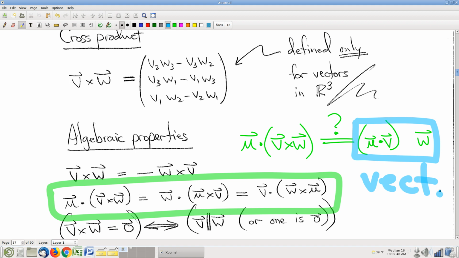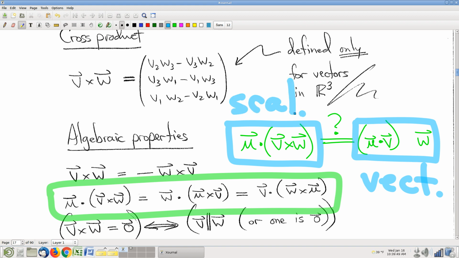Whereas this thing over on the other side is a dot product of two vectors, which is a scalar. So this is another error of type. There's no way this could possibly be true; they're not even the same kind of critters. How could they be equal? Is everybody on board?